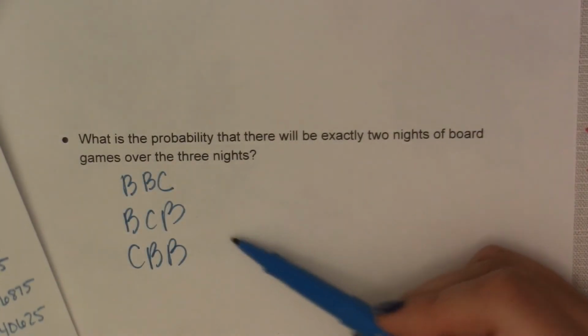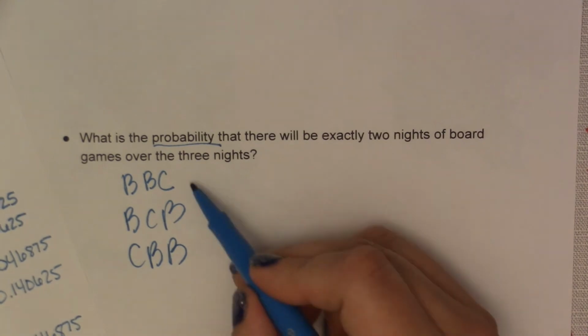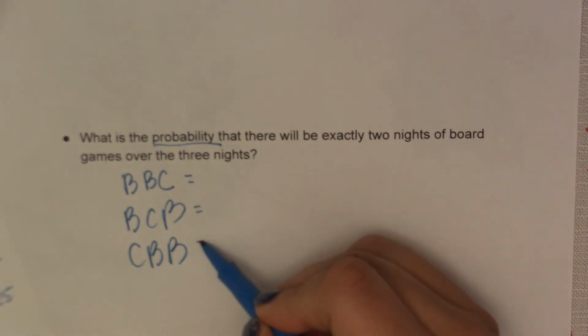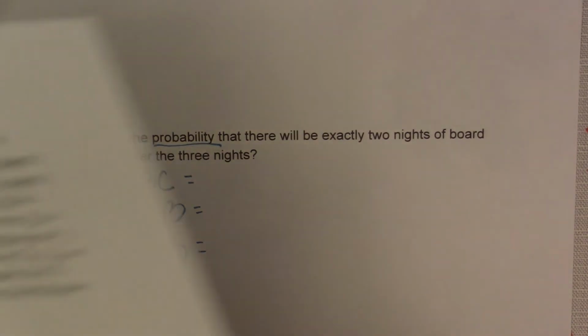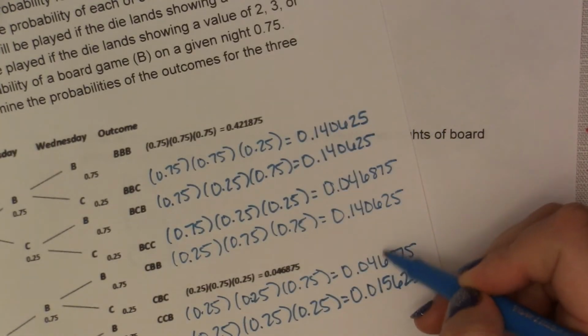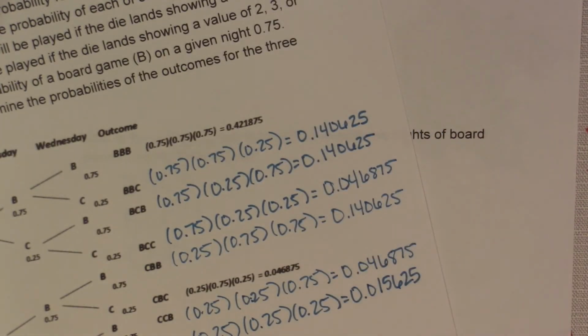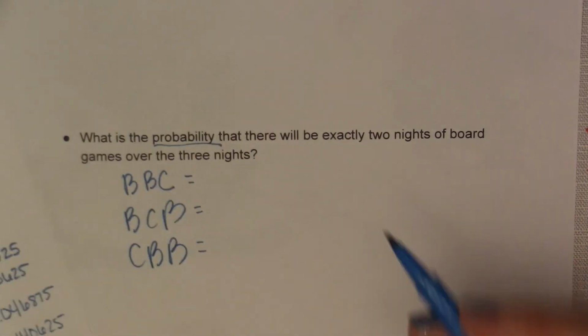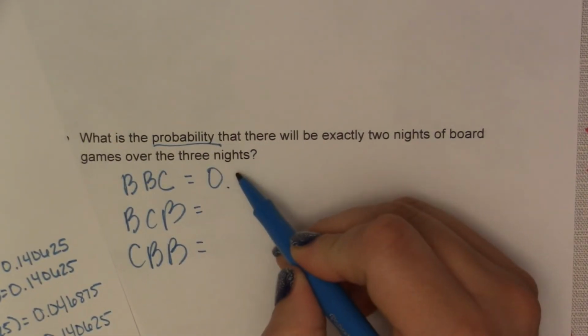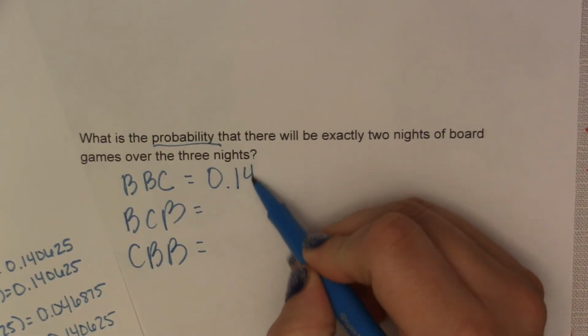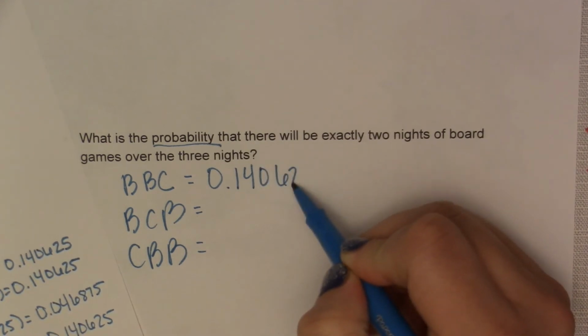So we have 3 different outcomes, but we're looking for their probabilities. Next to these, I'm going to list out what those probabilities were, taking them from right here where we solved and found those probabilities. For each one of those, it's 0.140625.